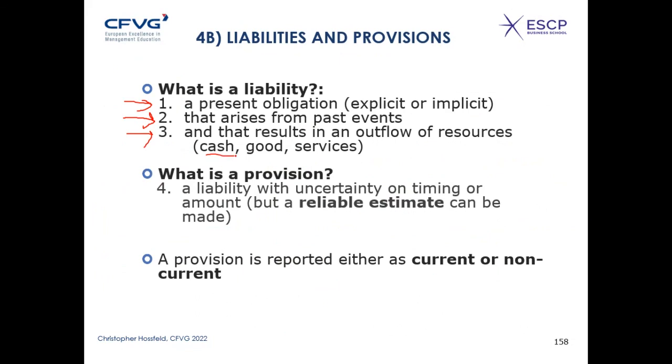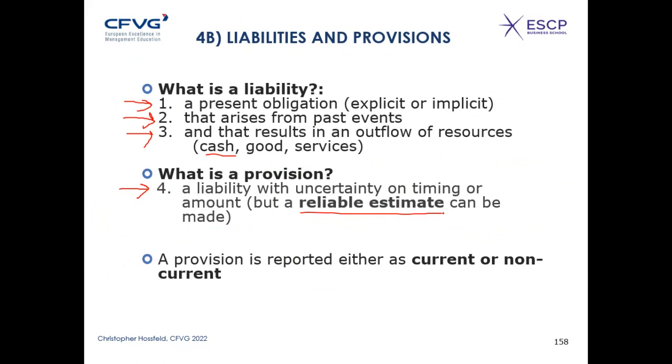Usually that means I have to pay something to get rid of the obligation. And number 4, because here we talk about uncertain provisions that are probable, I need to be able to do a reliable estimate. If those 4 conditions are met, I recognize a provision. If not, I don't. And I cannot, of course.